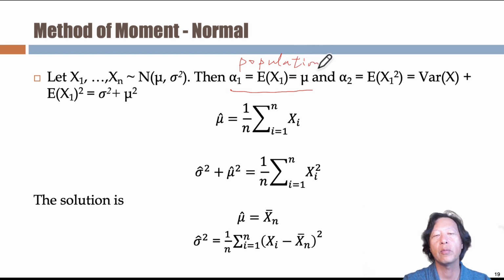So alpha 1, the first moment, is the expected value of x, which is mu, and then alpha 2 will be this way.